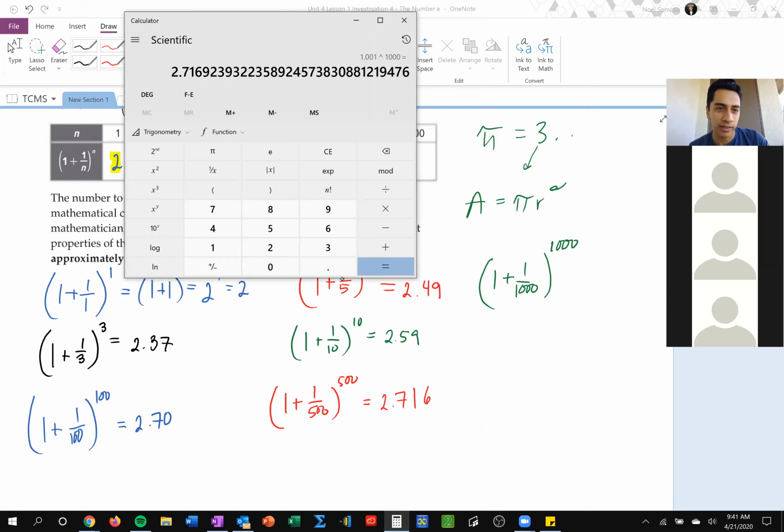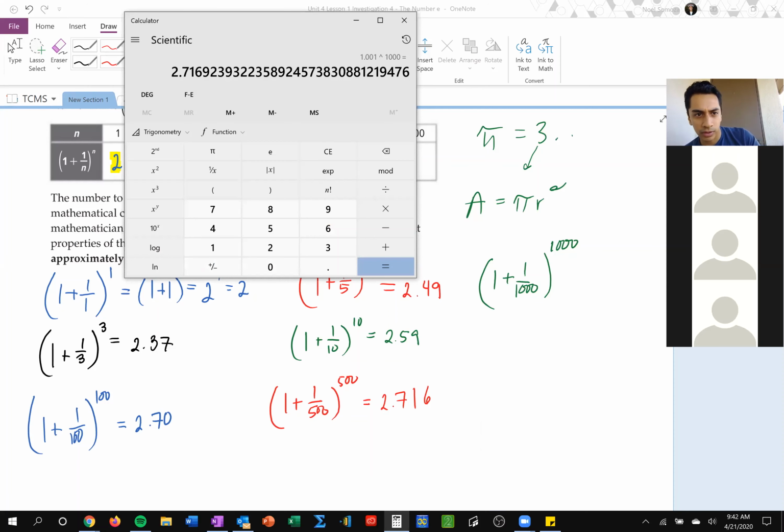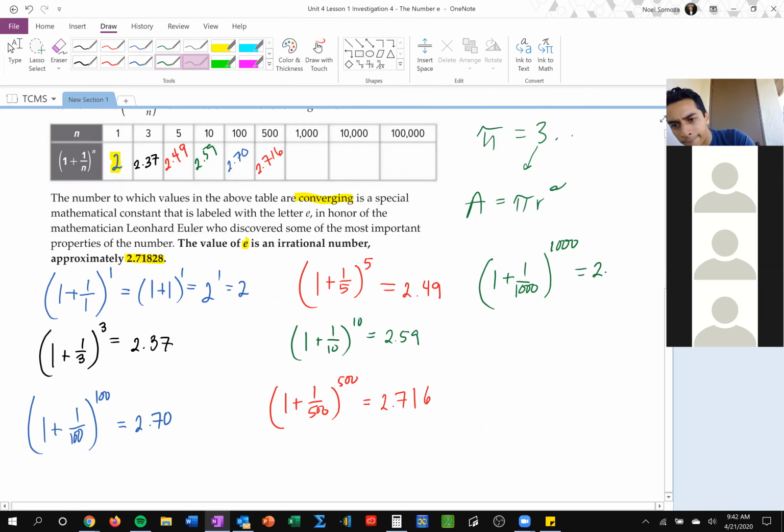Remember it was 2.7155, now it's 2.7169. We're getting closer, so I'm going to start utilizing a few more decimals. 2.7169. Because we're getting a little bit closer to our E value, but we're still not quite at 2.718.